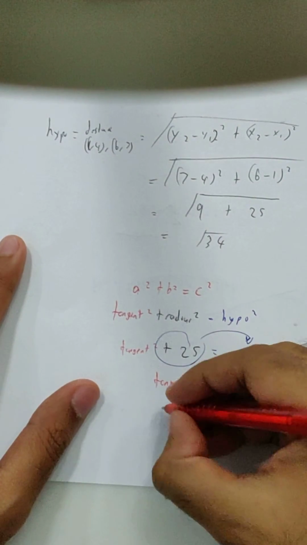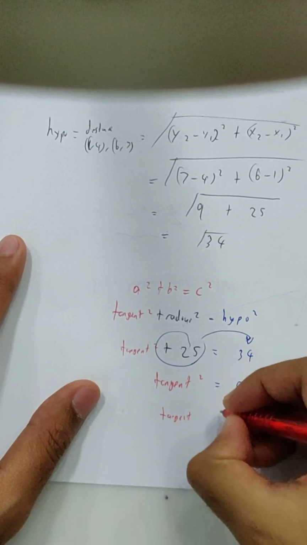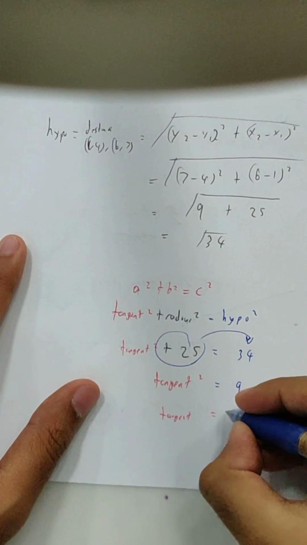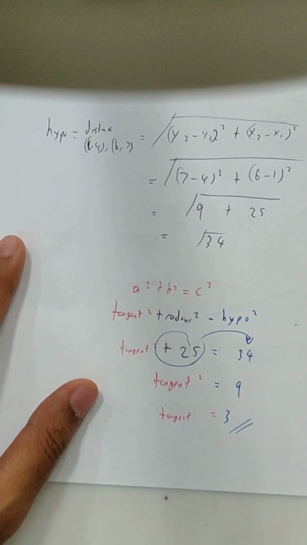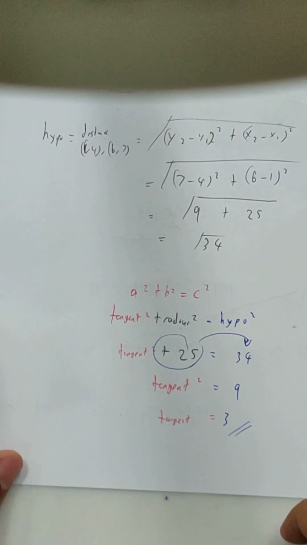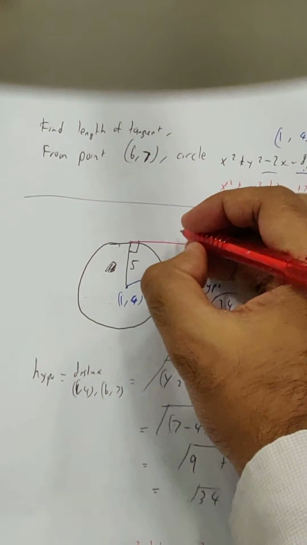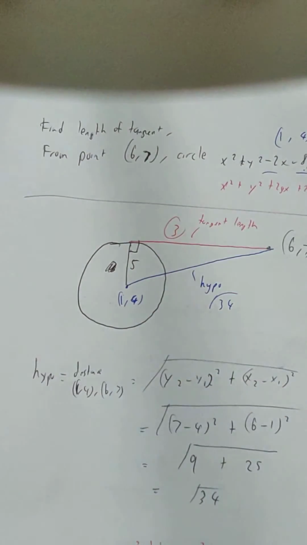Which leaves our tangent. Yep, that's our answers. So we got here tangent is 3.